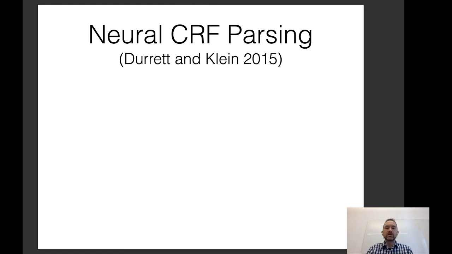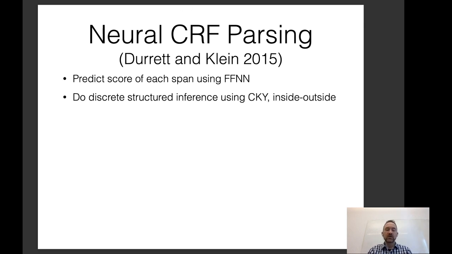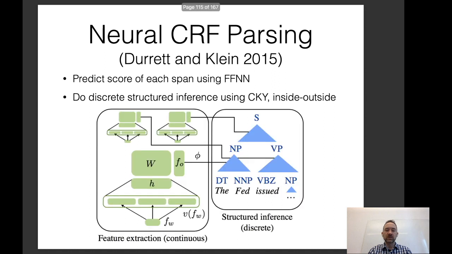Once we realize this, we can then apply the CRF-based algorithms that we had for sequence labeling directly to parsing. There's a method called neural CRF parsing, which was one of the early applications of neural models to constituency parsing. There were other methods as well. The way it worked is it predicted the score of each span using a feed-forward neural network, and then it did structured inference using the CKY and the inside-outside algorithm.